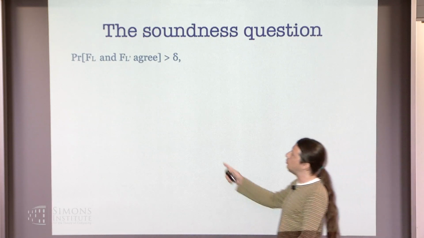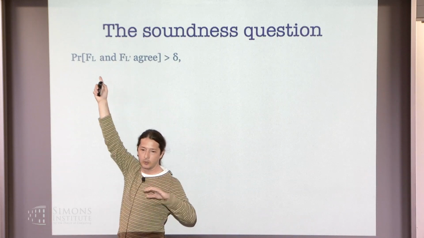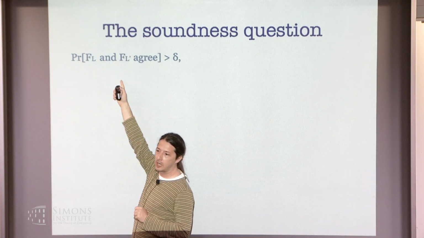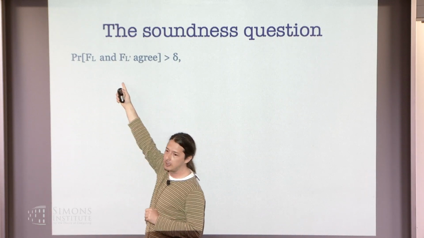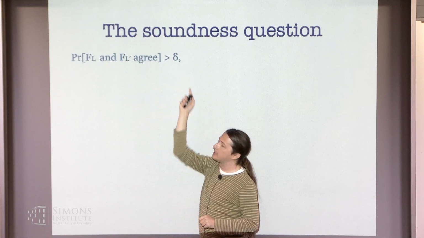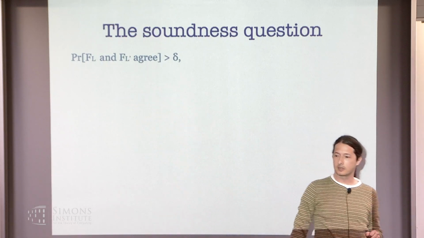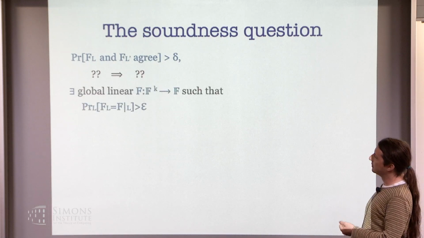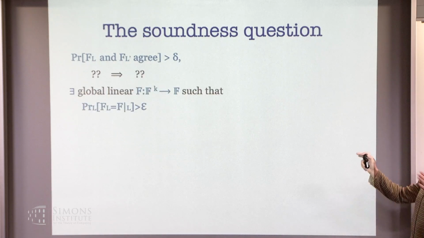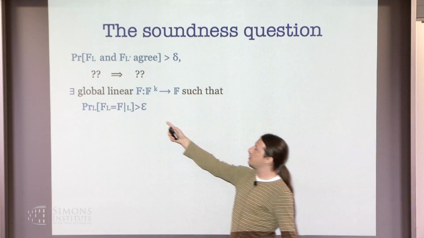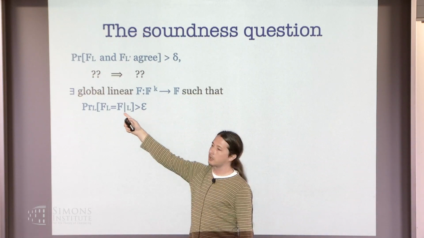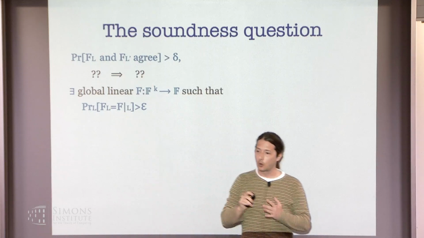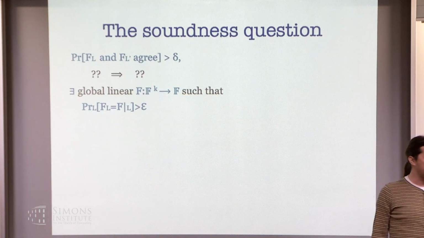And if you pick two that intersect on a codimension 1 subspace, then there's a probability of at least delta that they agree on the intersection. Does it imply that there is a global linear function that agrees with a non-negligible fraction of the local assignments? That's the soundness question.